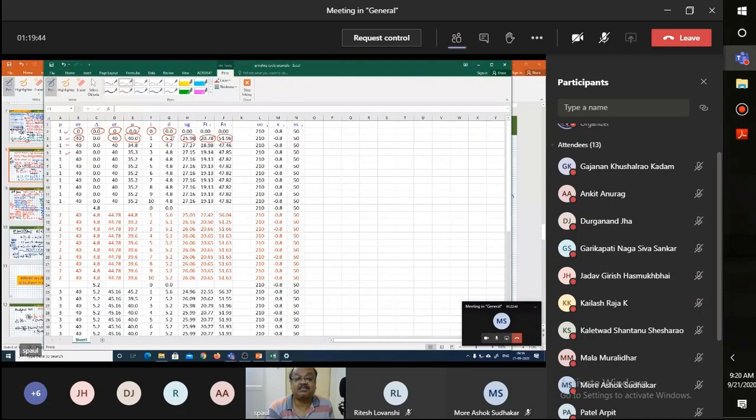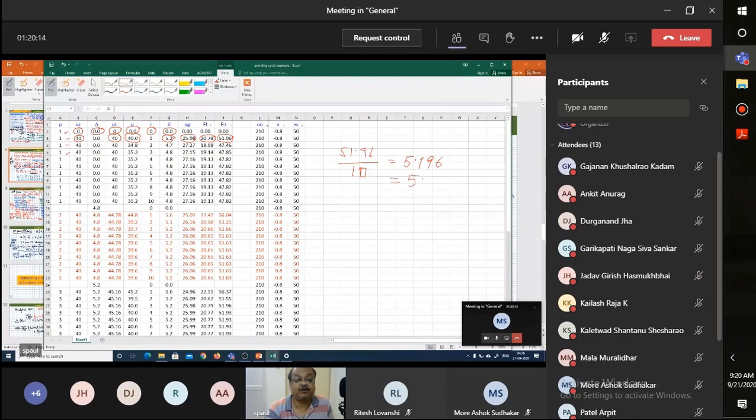From this FN, this delta is calculated. How is it calculated? It is 51.96 divided by 10, which is, good God, 5.196, so that was taken as 5.2.